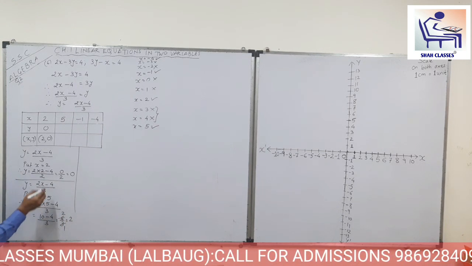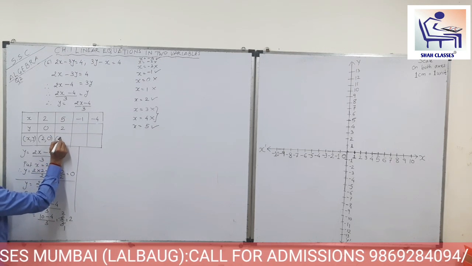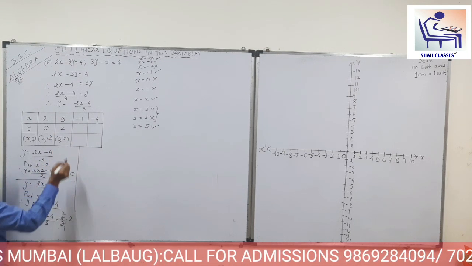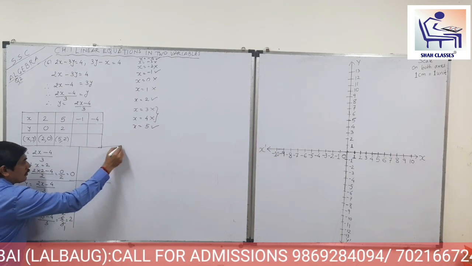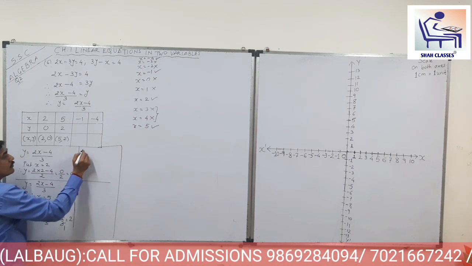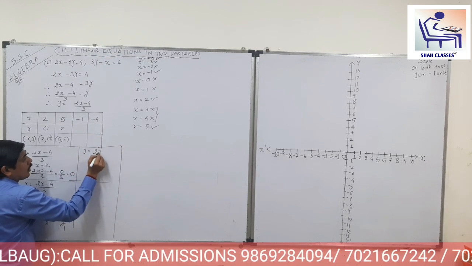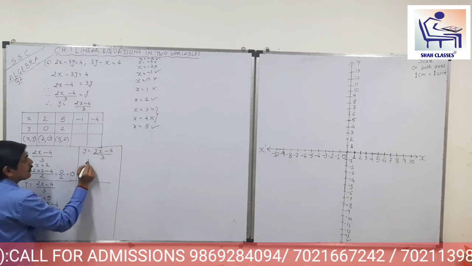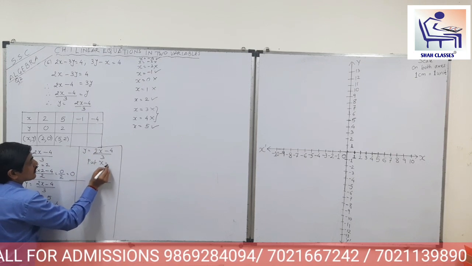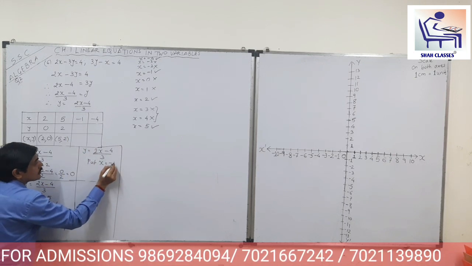So we got the value 2 here. Third value, y is equal to 2x minus 4 upon 3. Put x is equal to minus 1.